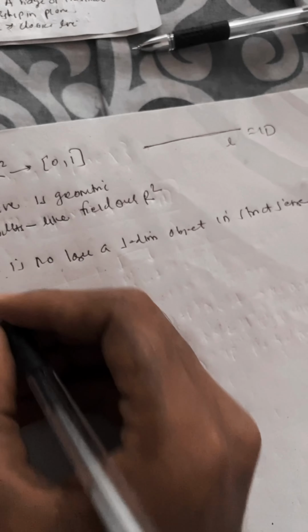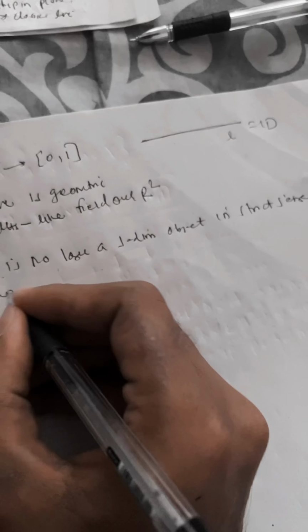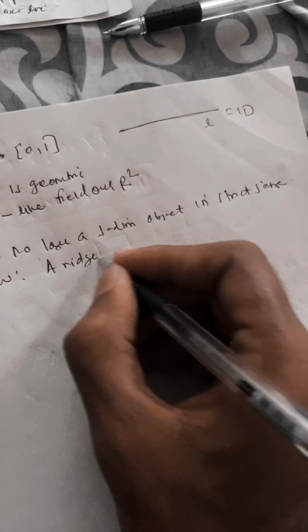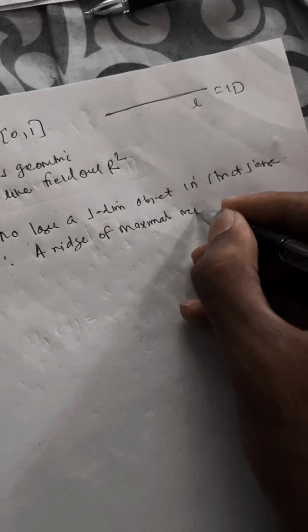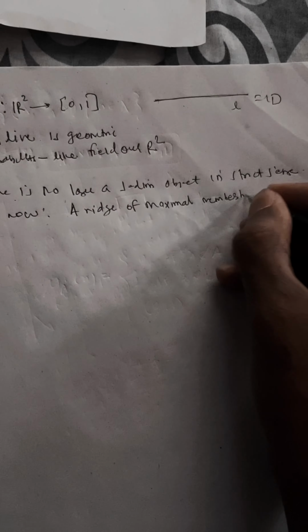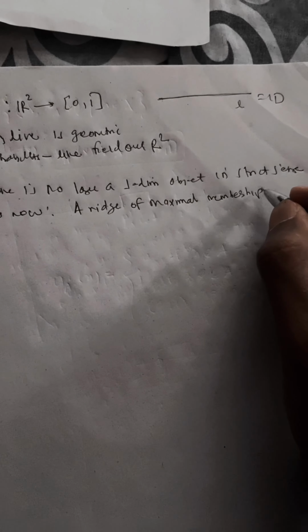Right? What is it now? It is now a different kind of object. We can imagine it as a ridge of maximal membership in the plane.